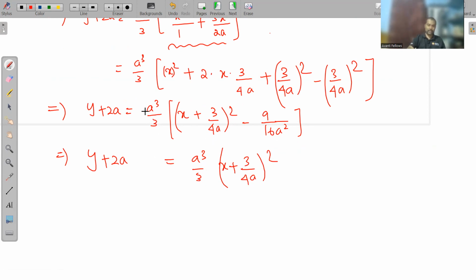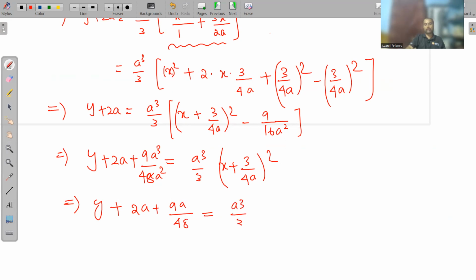So if we take this to the left hand side, this becomes 9a cube divided by 48a square. Simplifying, we are getting y plus 2a, this becomes 9a by 48, equal to a cube by 3 into x plus 3 by 4a whole square.